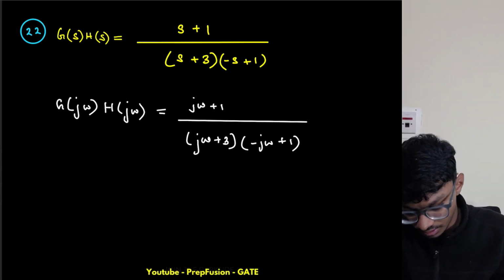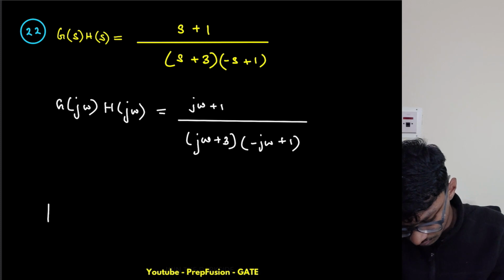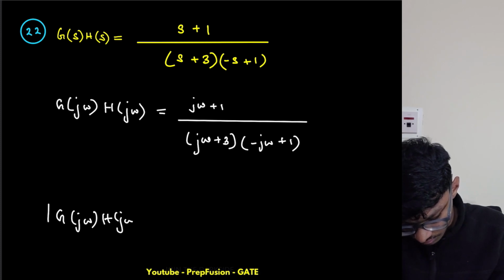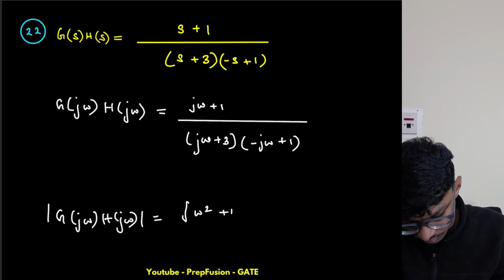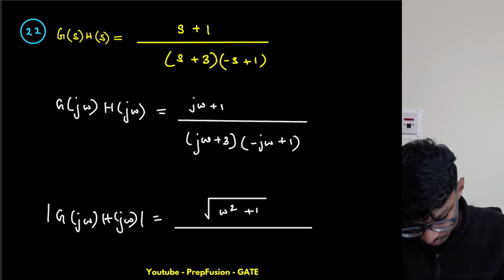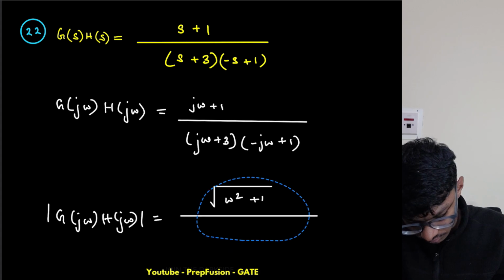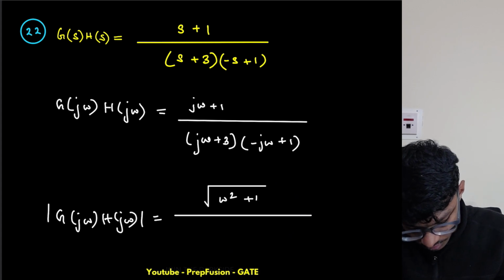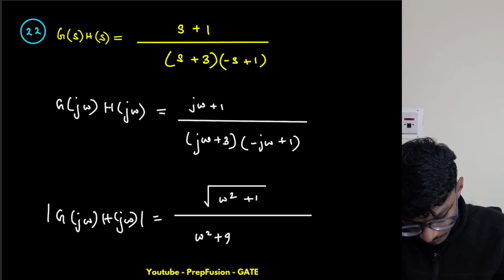Now let me write the magnitude function. So this is omega square plus 9.